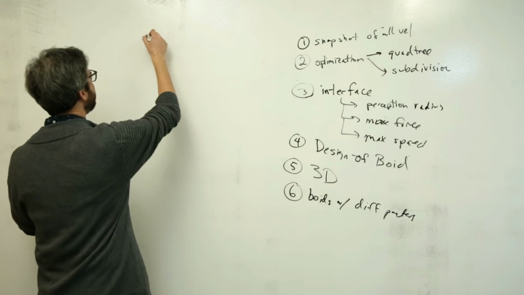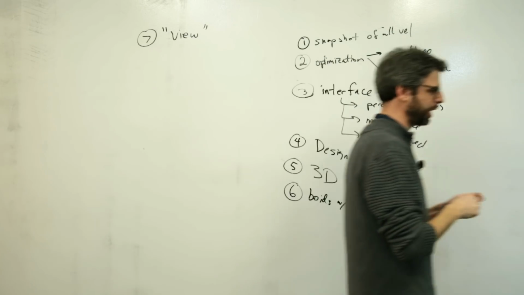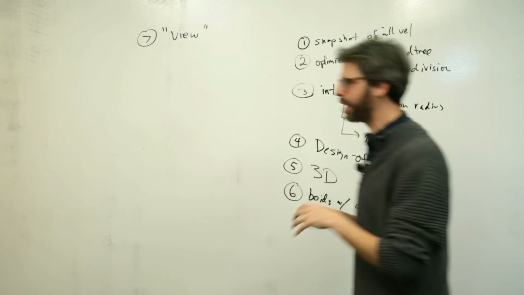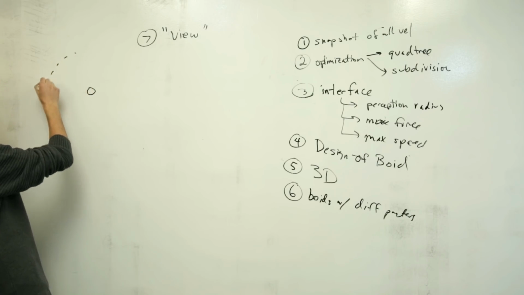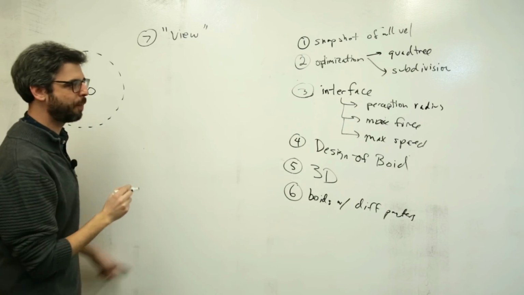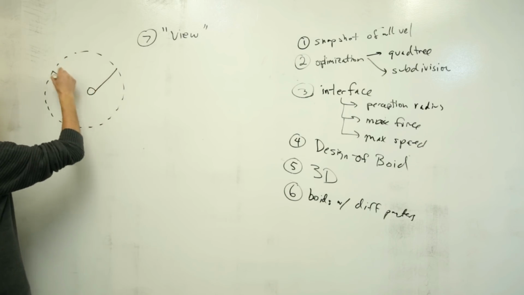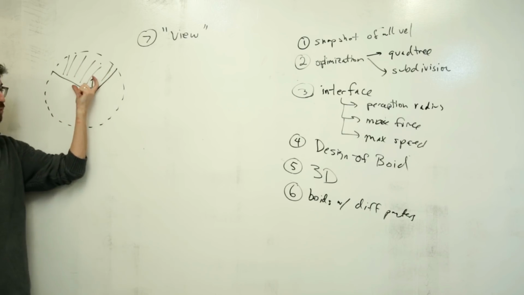You could implement this thing called the view rule, which is kind of interesting to think about. I have a diagram of it, but right now there's two things about this. One, each Boid can see everything around it. But what if the Boid itself could actually only see, if it's moving in this direction, things that are within its particular view in front of it?